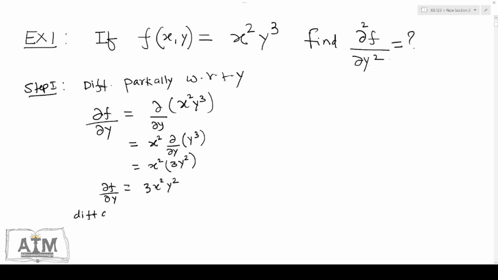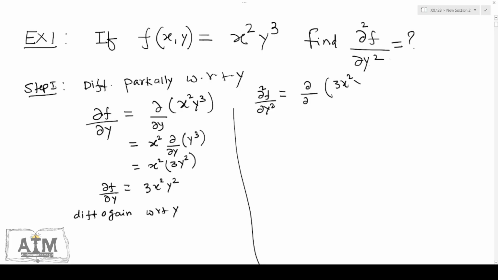Differentiating again with respect to y, del 2f by del y2 equals partial differentiation of 3x square y square with respect to y. We take the x square term as constant and 3 is also constant, so 3x square is taken out of the operation.